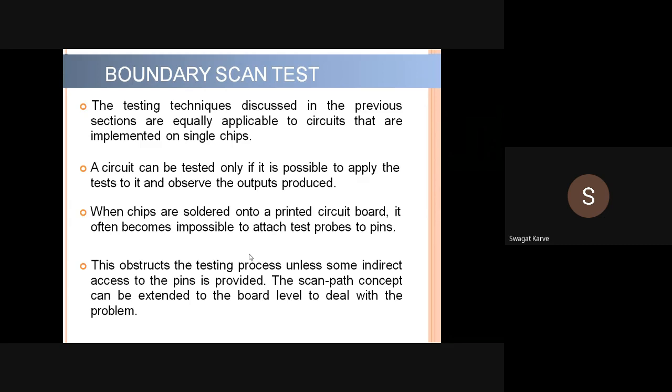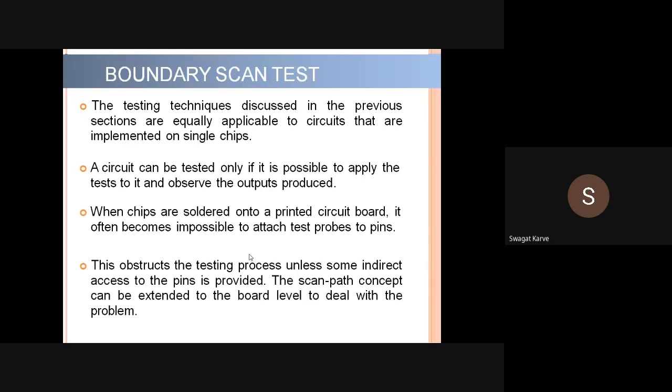It is called JTAG because this boundary scan test was developed by the JTAG group, the Joint Test Action Group. So this boundary scan concept is their development.